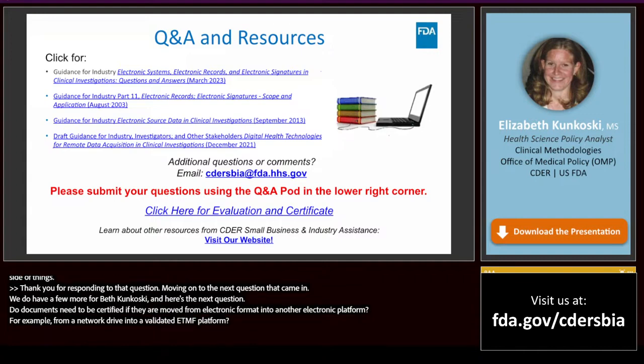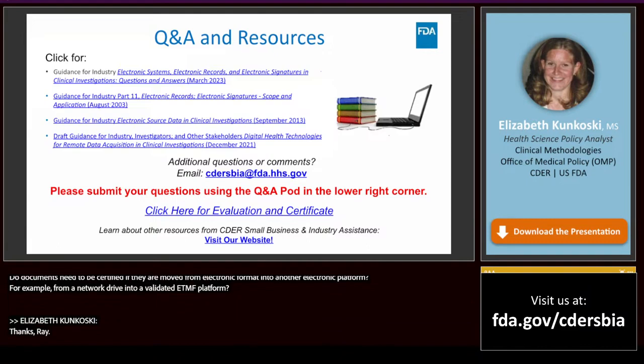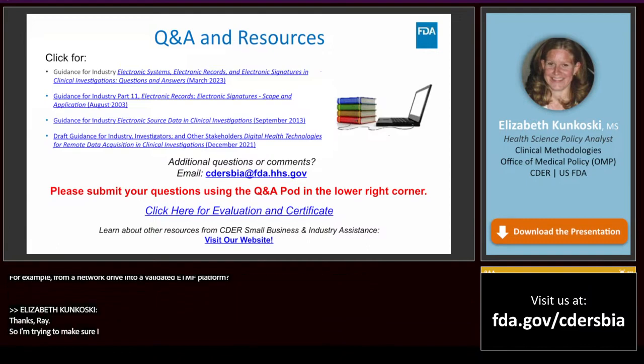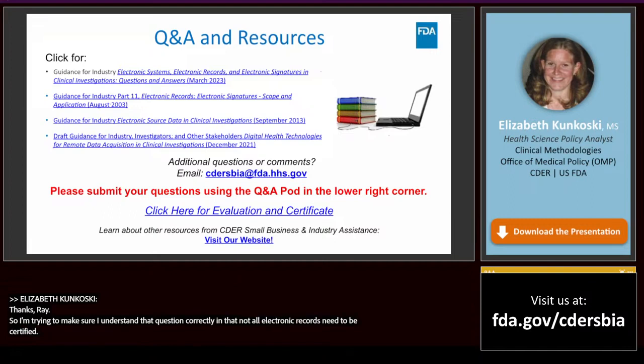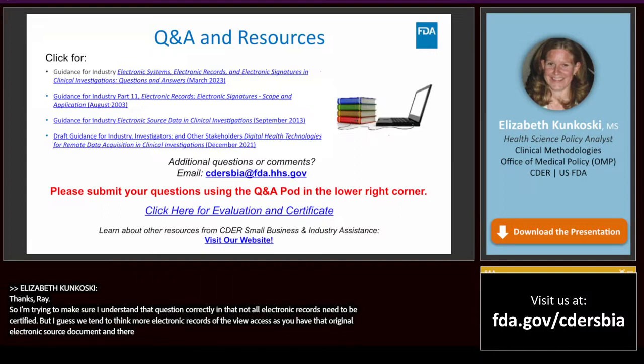Thanks, Ray. So I'm trying to make sure I understand that question correctly, in that not all electronic records need to be certified, but I guess we tend to think more of electronic records as the view access of, you have that original electronic source document, and there will be many parties that have access to that and the ability to see it.